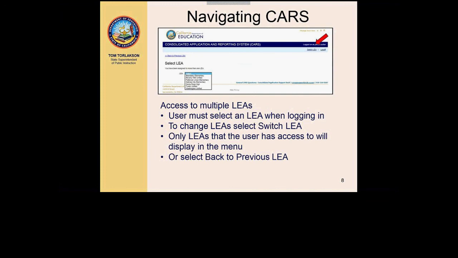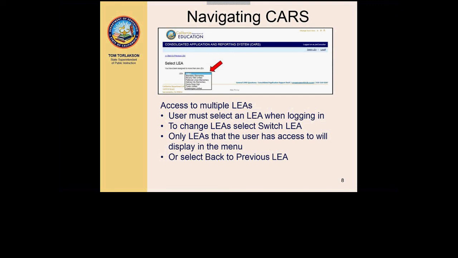If a user has been granted access to multiple LEAs, they do not have to exit the application to switch LEAs. Only users with access to multiple LEAs will have this Switch LEA hot link. After clicking on the link, the user can select a different LEA.